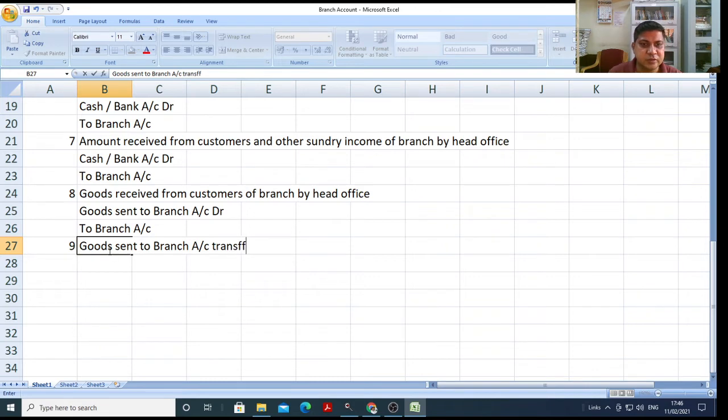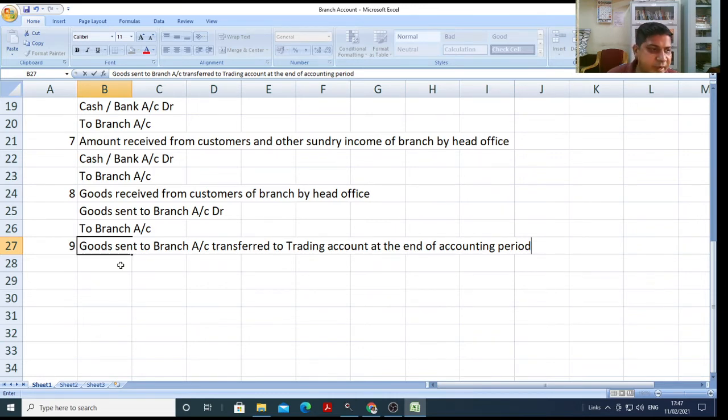transfer to trading account at the end of the accounting period. Goods sent to branch account transferred to trading account at the end of the accounting period.